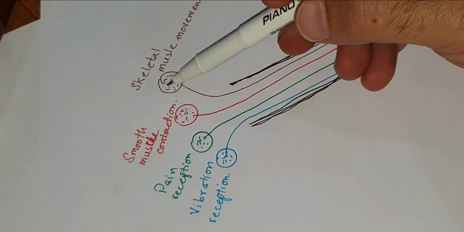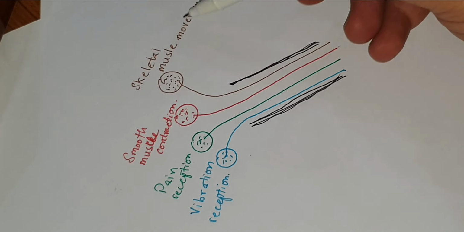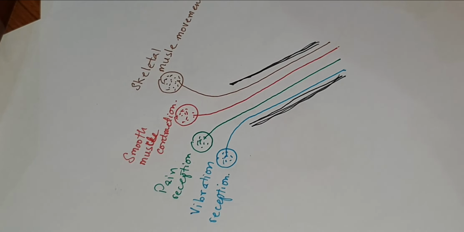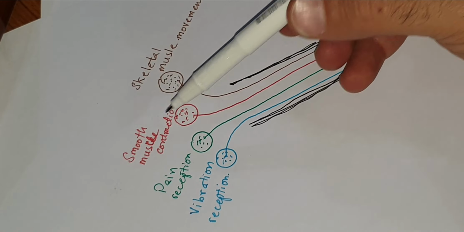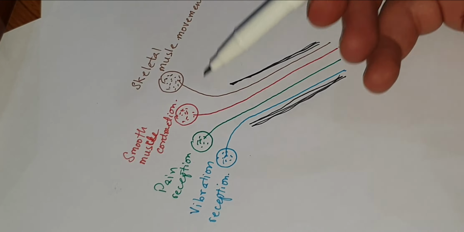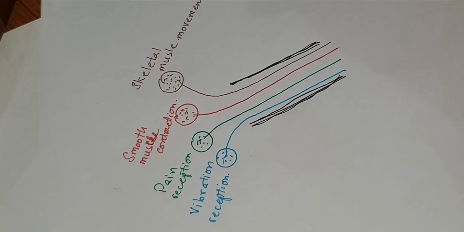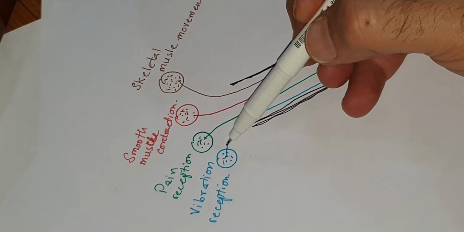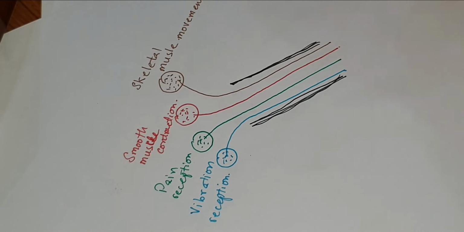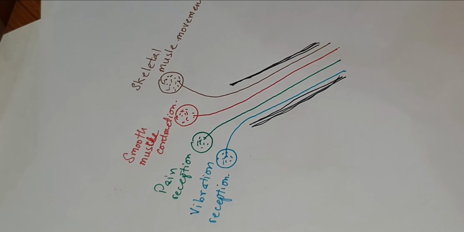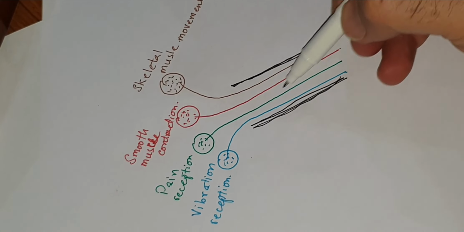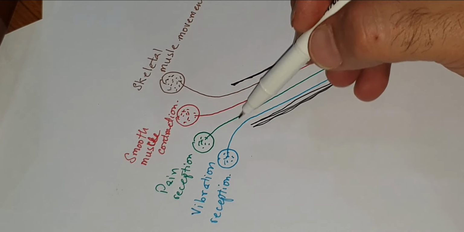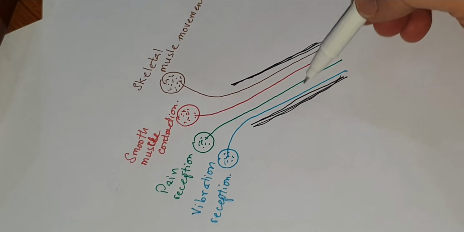For example, the brown nucleus is performing the function of skeletal muscle contraction. The red one is performing the function of smooth muscle contraction. The green is a sensory nucleus which is receiving pain, and the blue is also a sensory nucleus which is receiving vibration. So that means axons of all these nuclei are inside this particular nerve.